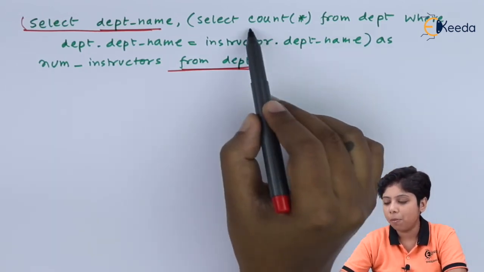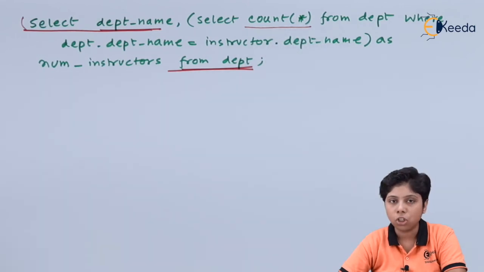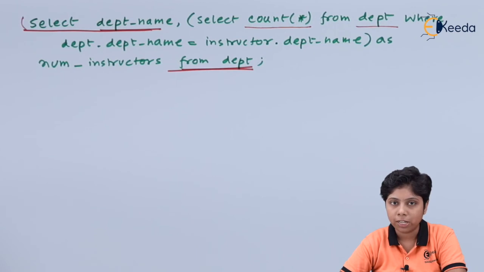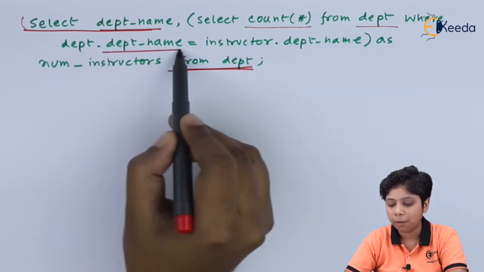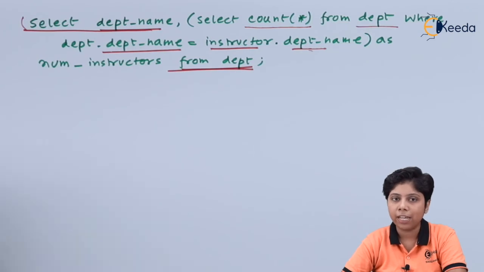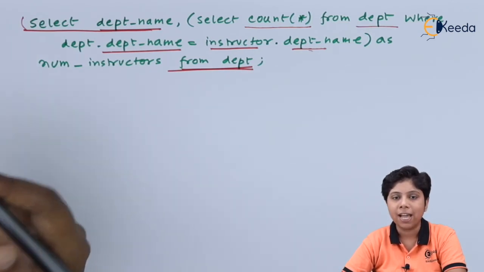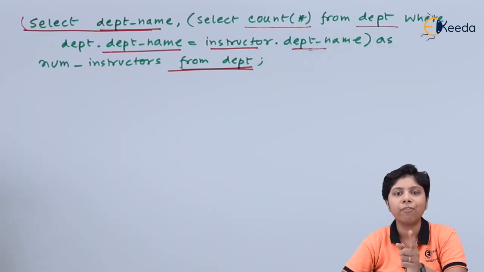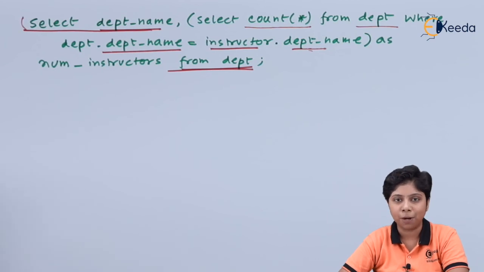See, I am performing the aggregate function count on all the records on the department and instructor relation where the department name is the same as the department name of the instructor. So if the instructor is from physics and physics is the department that I am counting on, it will be counted 1 plus for the instructor name of that department.